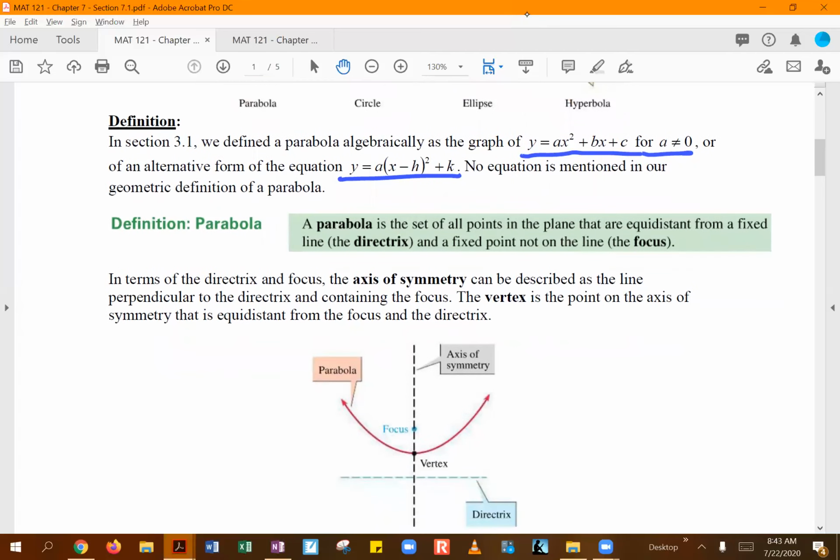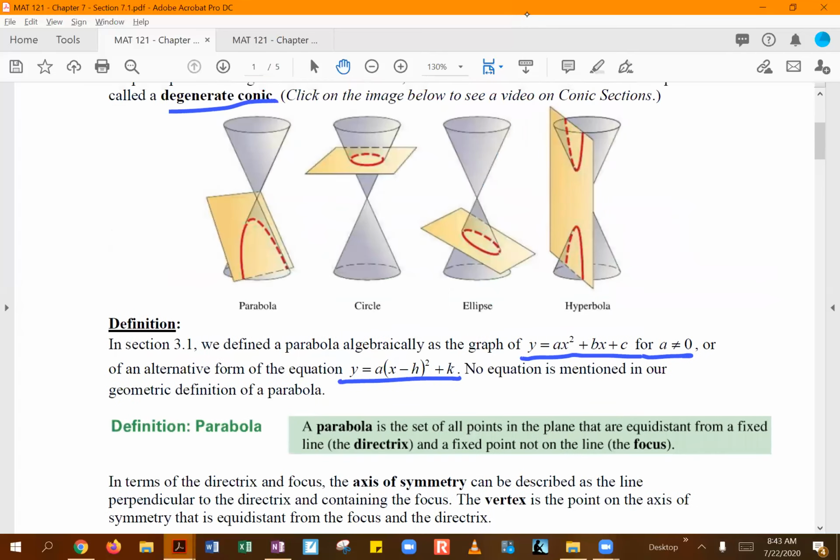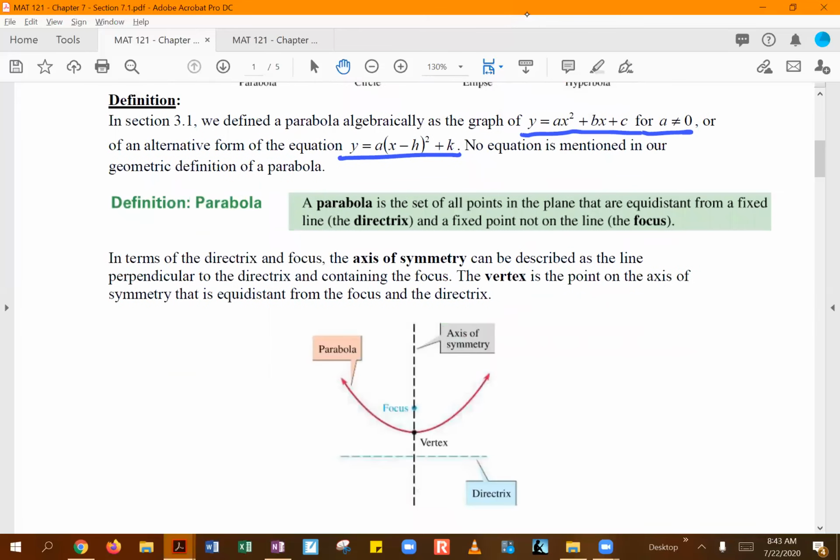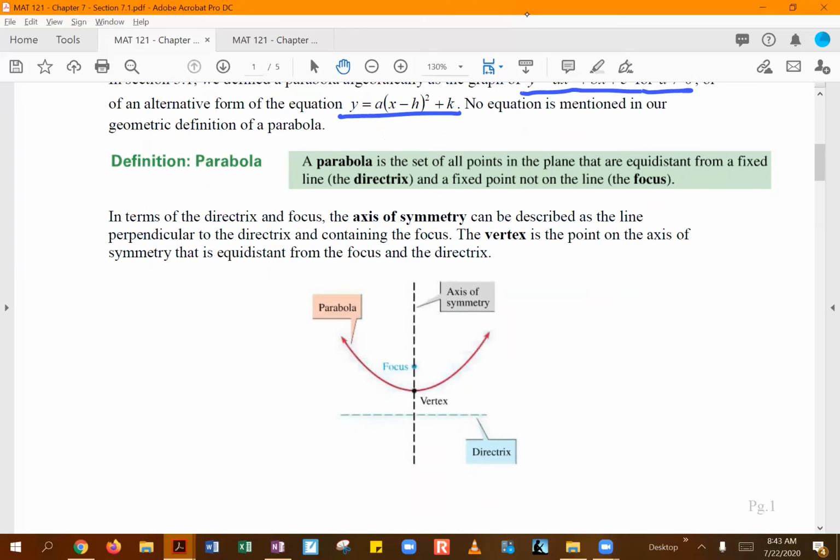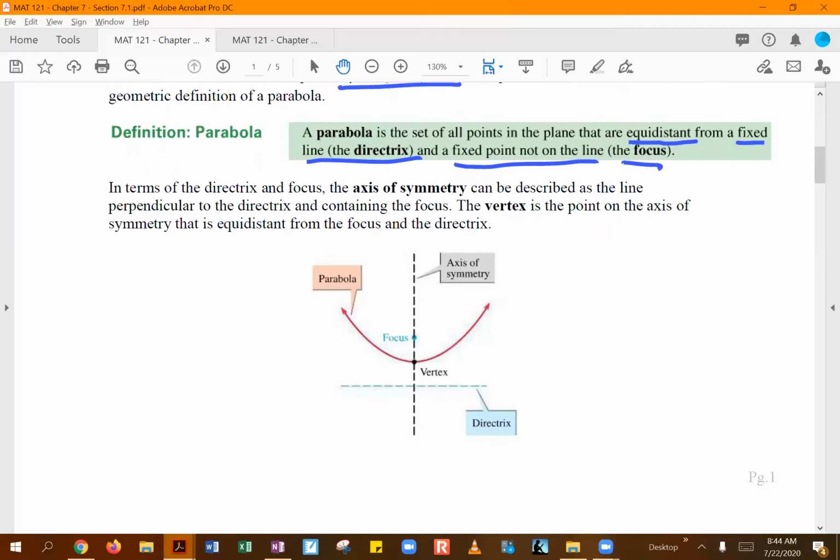Now, when we are talking about the geometric definition, which is what we're looking at here with these conic sections, you don't actually have an equation for this. The way we define a parabola in the geometric definition is: a parabola is a set of all points in the plane that are equidistant from a fixed line, which we call the directrix, and a fixed point, which is not on the line, which we call the focus.